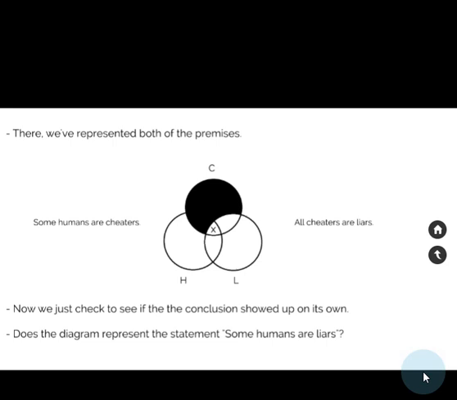Not on purpose. All we did was write down the premises in symbolic form. We represented the premises on these circles, and then the conclusion was just there. That means if the premises are true, then the conclusion must be true. So it's valid.